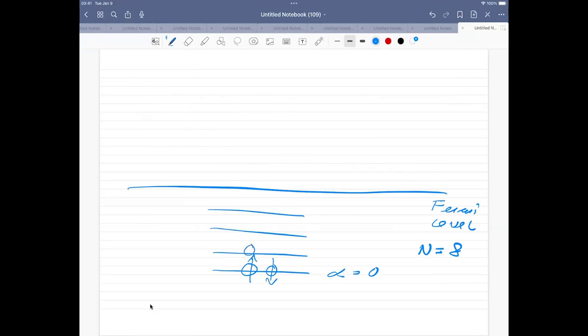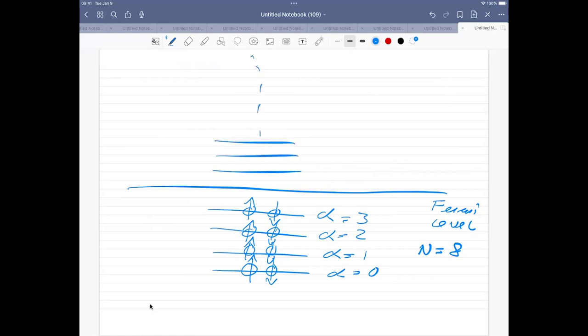And then we have a new particle here, a new one here, a new one here, a new one here. So this mimics a little bit the exercise which you have this week. So this will be alpha equal to 1, alpha equal to 2, alpha equal to 3. And then you have an infinity of states for the harmonic oscillator.